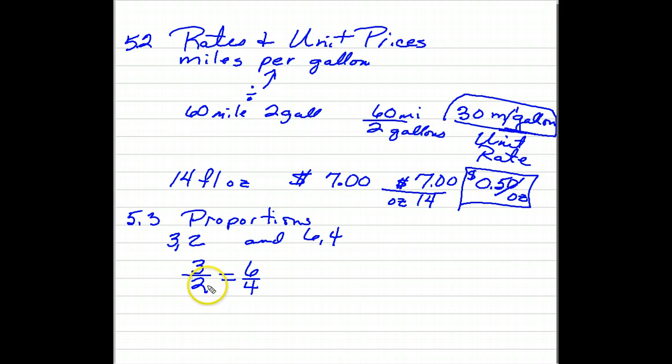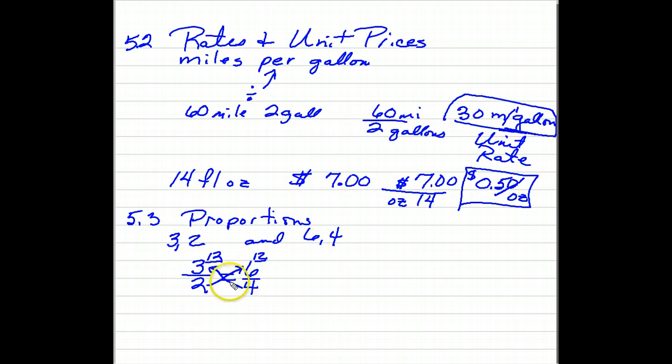A way to see if they're proportional is you could multiply. 2 times 6 is 12. 4 times 3 is 12. So it's seeing that those two cross products, because you're multiplying the products across, are equal, then it's proportional.